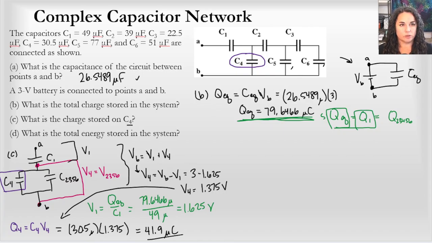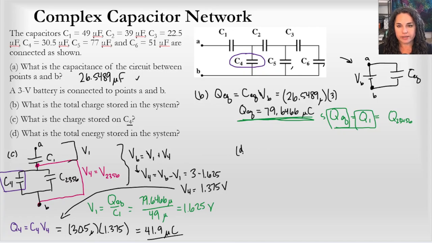And that's how I would do that. Note again my tip: redraw this circuit. I needed to go back to some earlier version to dissect, to isolate down to C4 and relate those voltages and charges together to solve for that.